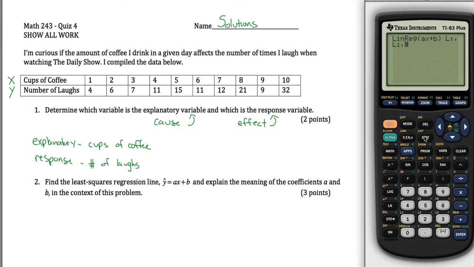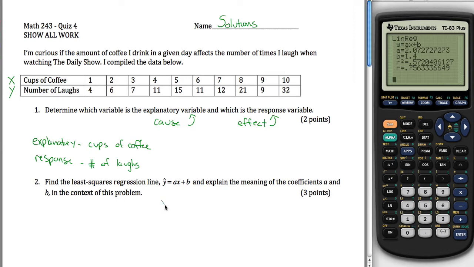So the way you do that is you hit variables down here and go over to y variables and function and y1. So now not only am I doing a linear regression with these are my x's, these are my y's, but I'm saving this under y1. Hit enter. Gives you all sorts of stuff. Find the least squared regression equation. I get y hat equals 2.07, let's call it 2.1 x plus 1.4.